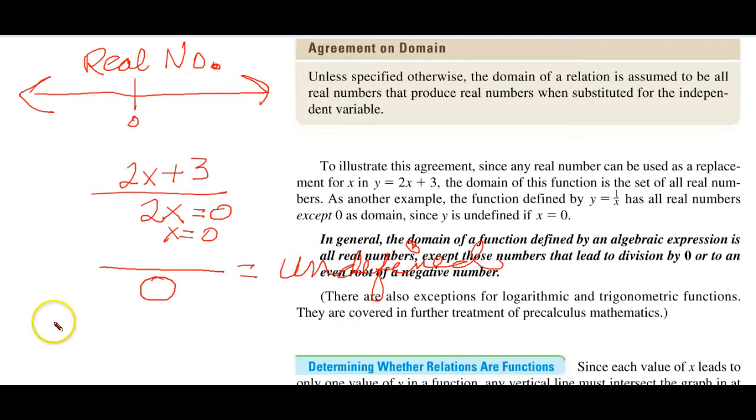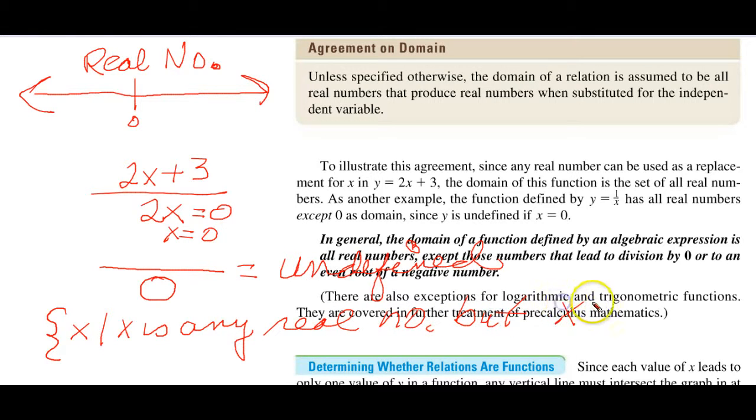So in set builder notation, we'll say x is such that x is any real number, but x cannot equal 0. So here you have a qualifier to your domain, and this is set builder notation.